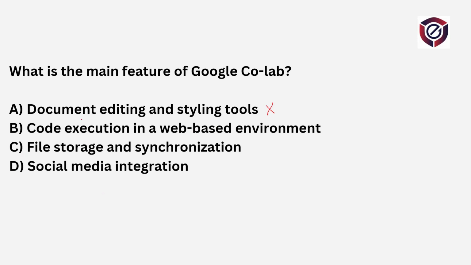Yes, Google Colab provides a web environment where we can execute Python or any other kind of code. File storage and synchronization. For this, we use Google Drive, not Google Colab. Social media integration. No, it is not done with the help of Google Colab. So the correct option is option B, code execution in a web-based environment.